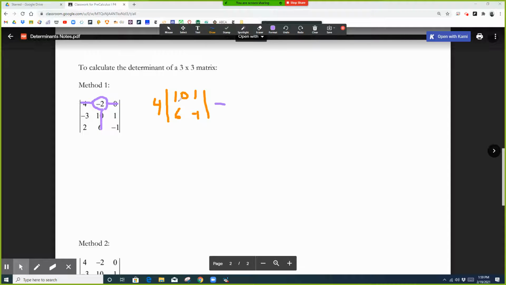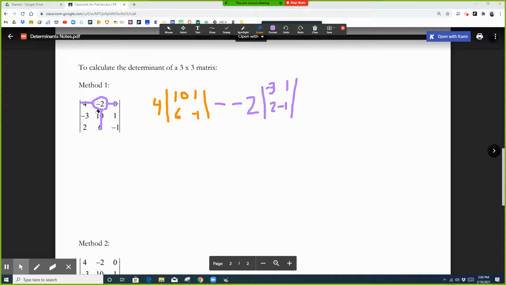We're going to subtract that number, so minus -2, times the determinant of the 2 by 2 of the remaining numbers here. So these 4 numbers create like a 2 by 2 matrix. So we would put a -3 there, a 1 there, a 2 there, and a -1 there. And we'll come back to that and we'll find that determinant.